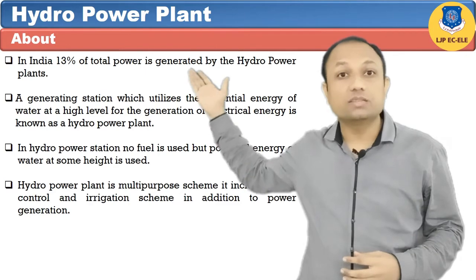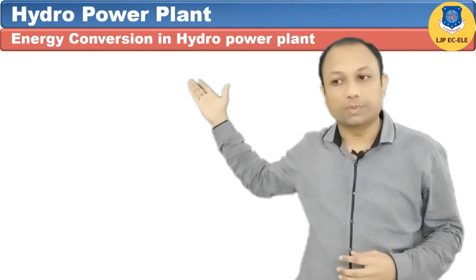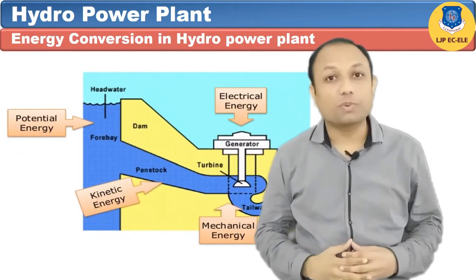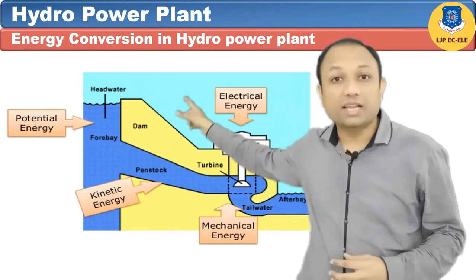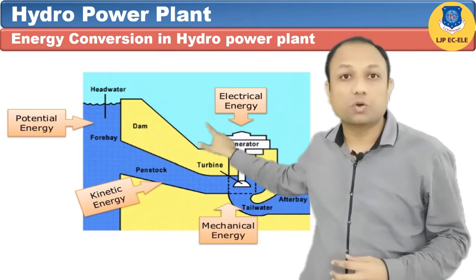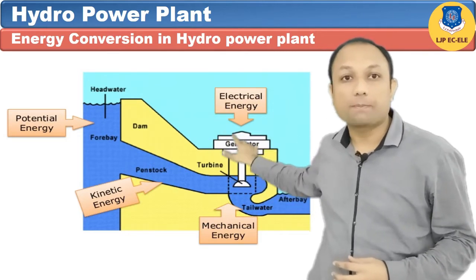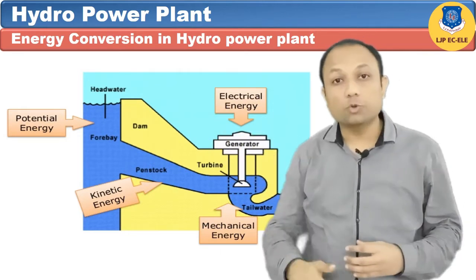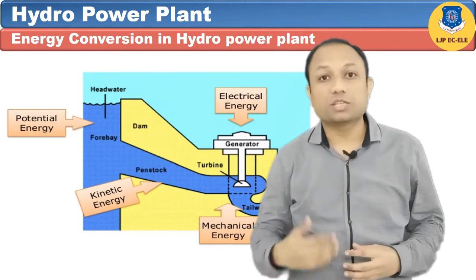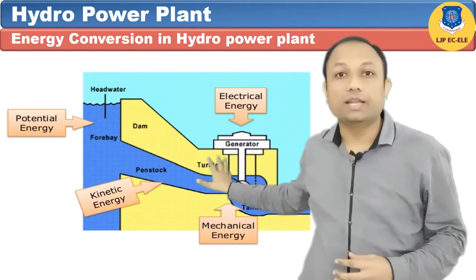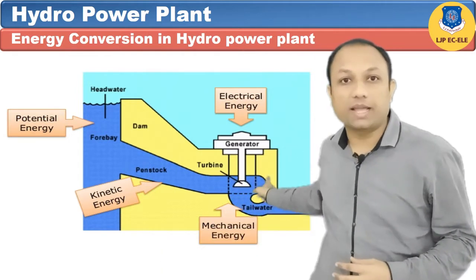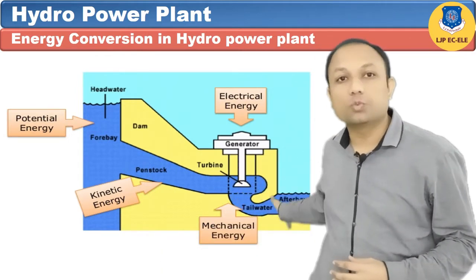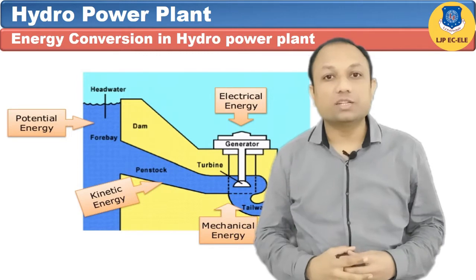Let's see energy conversion in hydropower plant. In a hydropower plant, there is potential energy in water at some height. When this water is brought down by passing it through the penstock, the potential energy is converted into kinetic energy. Now when water passes through the turbine, the kinetic energy is converted into mechanical energy.